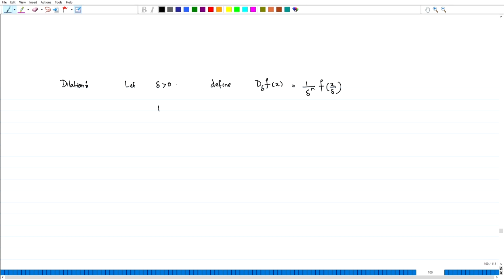So, now exactly as in the case of R, if we compute the Fourier transform, then this is the integral over Rn of 1 over delta to the power n, f of x by delta, e to the power minus 2 pi i x dot xi dx. Now, we will make a change of variable, let us say y equals x by delta, then dy, which is equal to dy1 dy2 up to dyn.